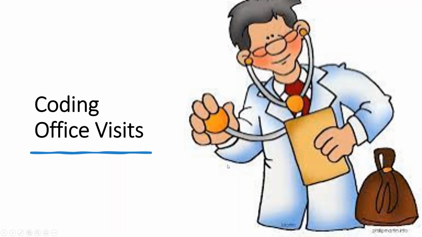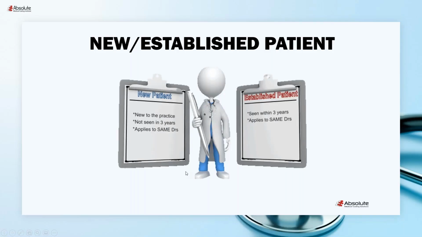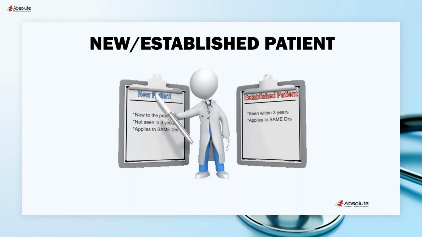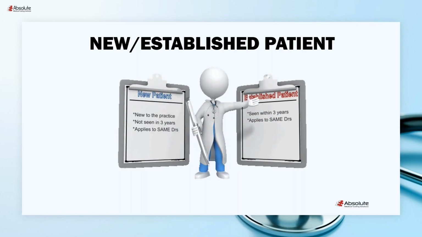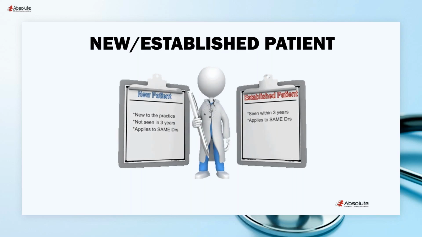All right, so now let's get to the business of coding office visits. Pretty much, how to code for office visits is partially determined by whether or not the patient is new or established.